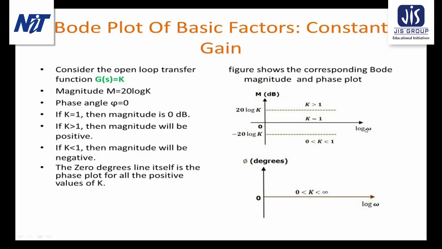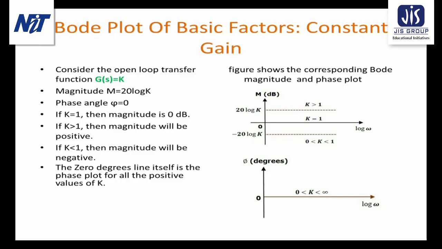Next, consider the case when K is greater than 1. So when K is greater than 1, suppose we can consider any value greater than 1, that may be 2, that may be 3, that may be 4 or any value a. So it becomes 20 log a or 20 log that value. So it will be a positive constant and the angle will be again 0.